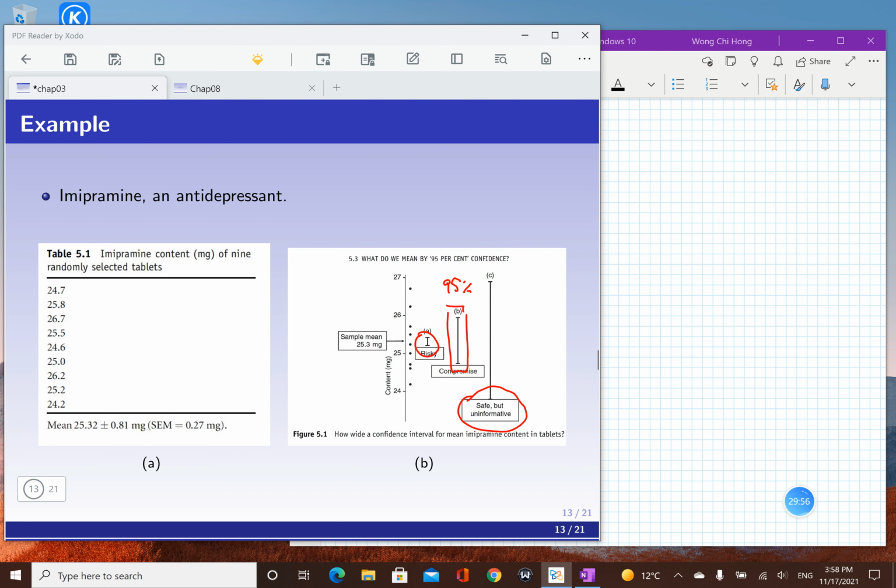That's all. If you want something really accurate, then of course you will have to increase your confidence, making sure that you really get to the true mean value. Then you have 90%, 99%, or 99.9%, etc.